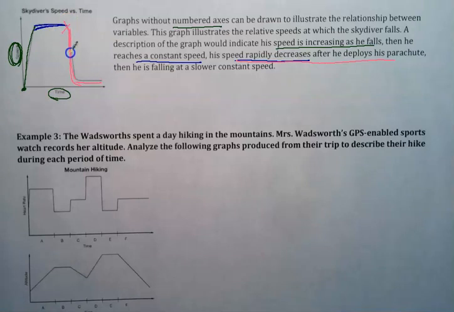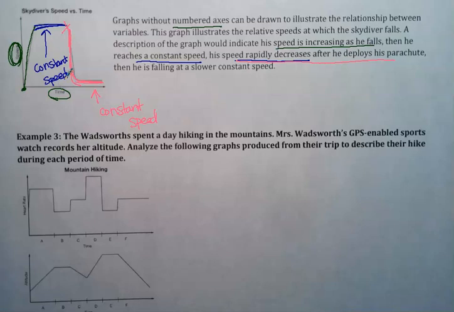So he pulls the parachute and then he hits this slower constant speed. That's some things to notice. These flat places are a constant speed, just like up here. We're talking about speed, so it's a constant speed.